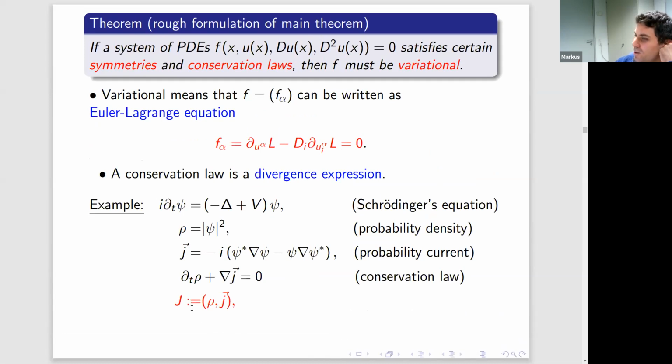Basically you construct such a vector capital J, which consists of rho, the probability density, and the probability current. And then it's just a formal divergence of this J written here equals 0. Or you can also write it with the total derivative if you want, since we introduced this notation already. On solutions of the PDE, this equation will be satisfied.